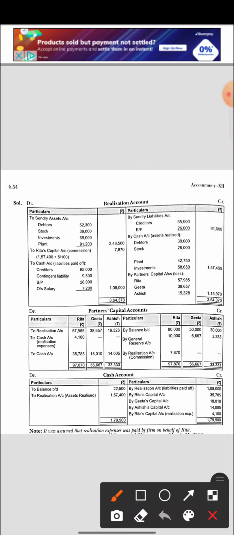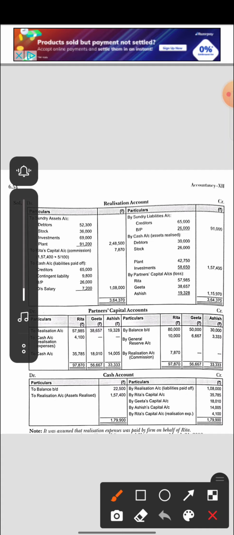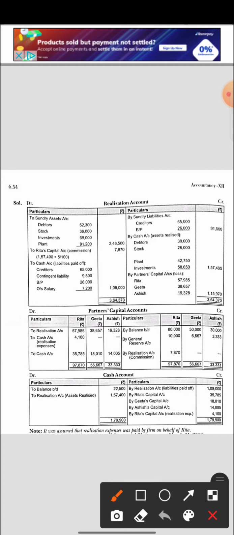How do we prepare it? We put all the assets in the debit side, and then after selling them, they come to the credit side. Then we put all the current liabilities in the credit side, and then we pay them off, and then they come to the debit side. Then after that comes a few other expenditures, like unrecorded liabilities, outstanding salary, contingent liabilities, which is given in the additional information.